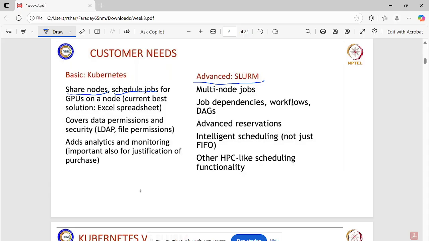It is for multi-node jobs. Example: DAGs. And then we have reservations, which we will see in future classes. Ticket reservation, ticketing, scheduling.